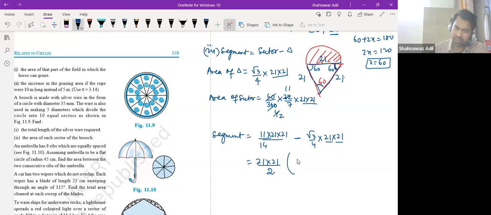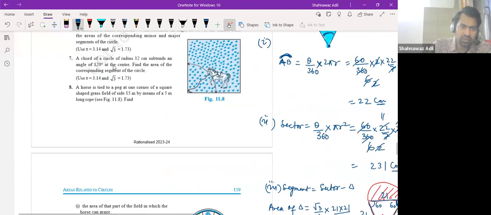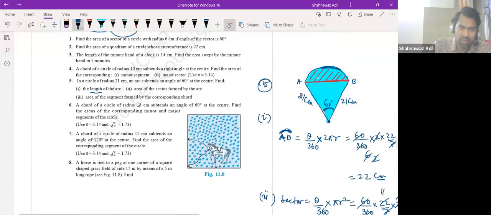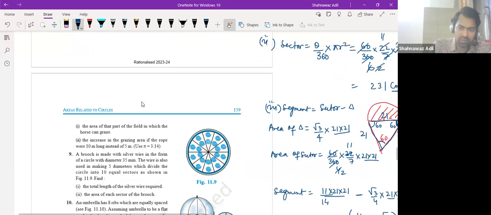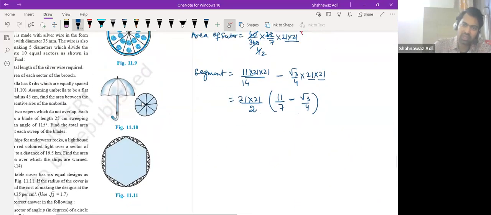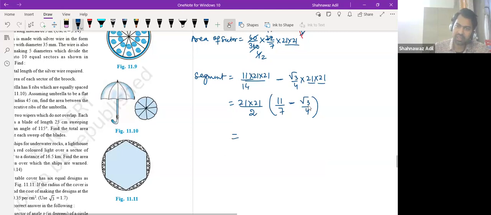So this is 11 by 7 minus 3 by 4. What should we use? They have not informed us what the value of root 3 should be, so we can keep this answer in root 3.